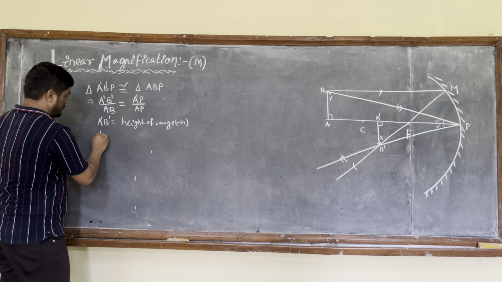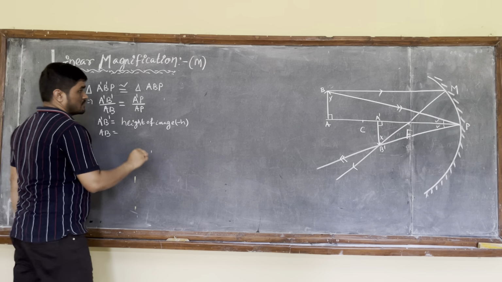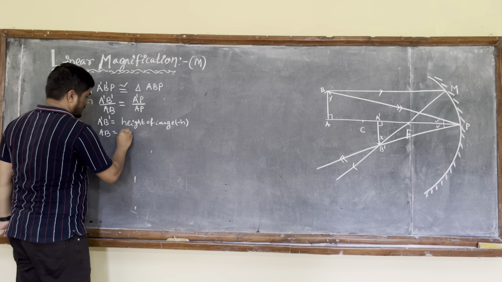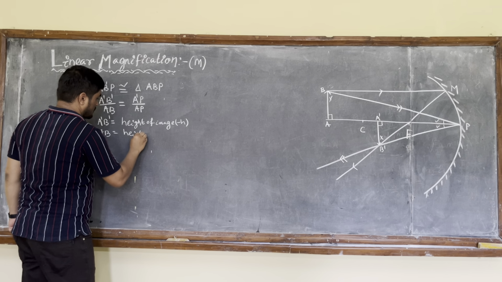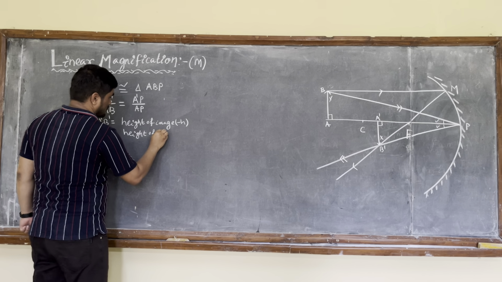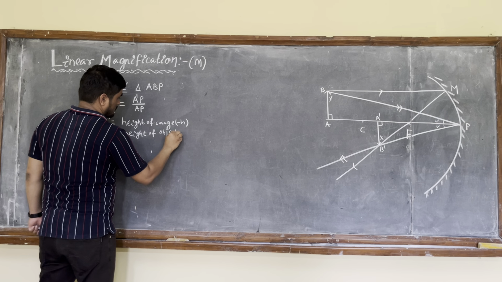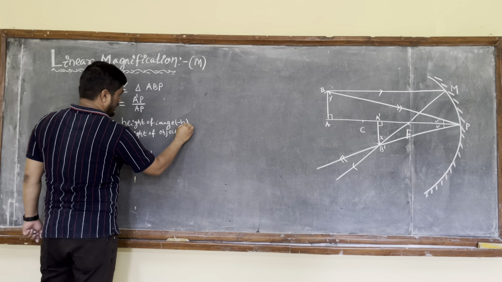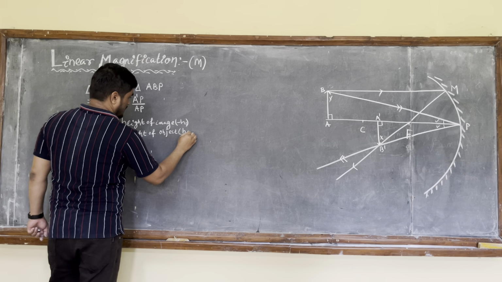And the term AB will be the height of the object. Let the height of image be HI and the height of object be HO.